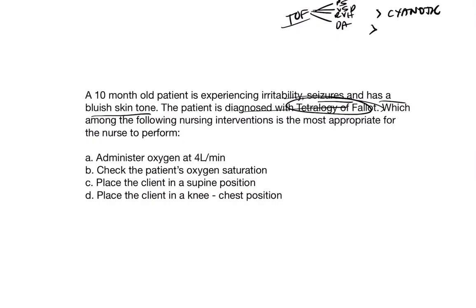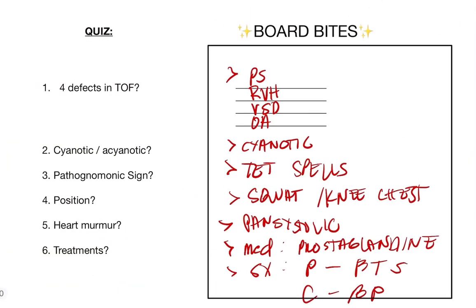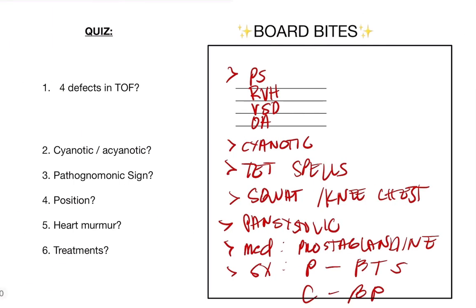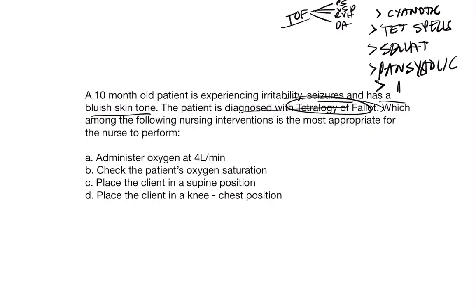That the patient has those spells, squatting. What else? The patient has pansystolic murmur. And the medications and the surgery, right?